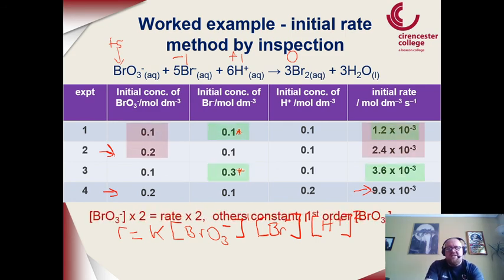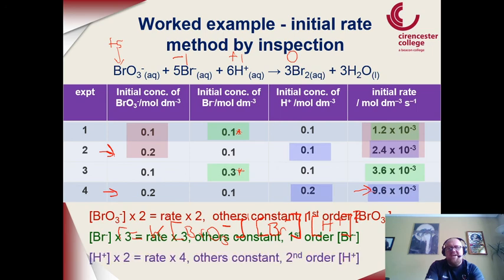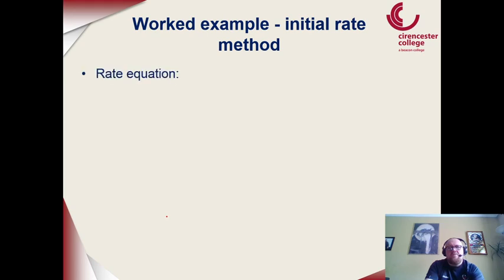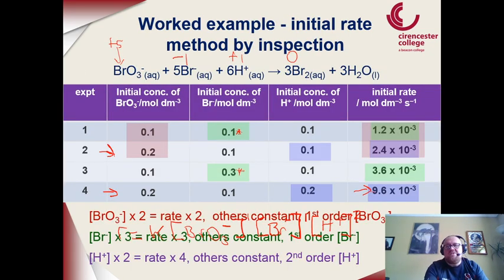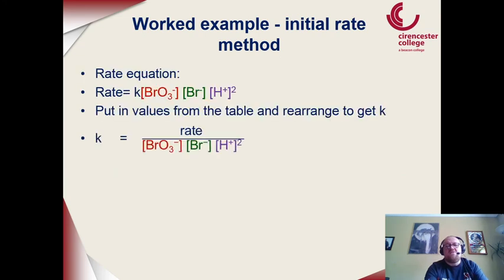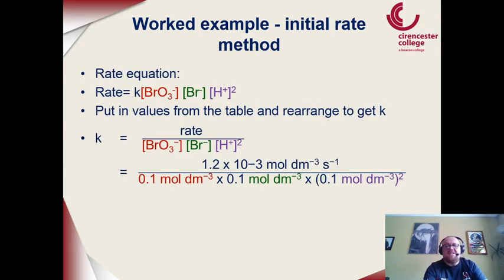So what we can do is we can work out what K is, the rate constant for that, by working out what the rate is, and the rate is given to us in the table, so we can use any of those rates as long as we put in the bits of data, and we can work out what K is. K is 12 moles to the -3, decimeters to the power of 9, seconds to the -1.